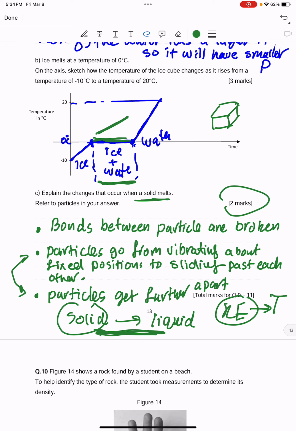That's why only talk about the bonds between the particles being broken or weakened and the particles being a little bit farther from each other. Now they can move freely. So use whatever language you feel like using, as long as you're hovering around the same thing. And we're done with this question. Good luck.